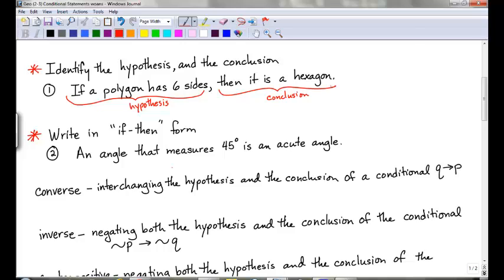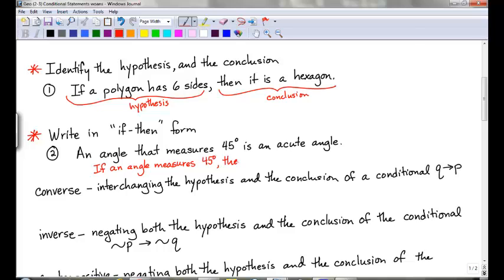Okay? Now, this next part, you have to be careful of the order. It says write it in if-then form. It still has to have the same meaning. It says an angle that measures 45 degrees is an acute angle. Okay? If an angle measures 45 degrees. Yep, that's the hypothesis.